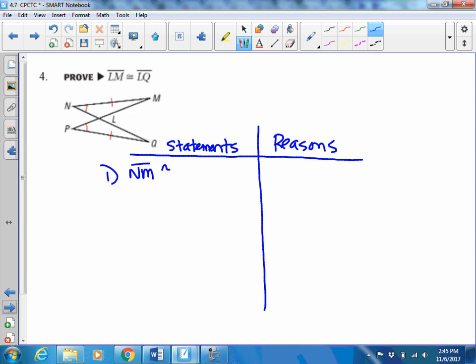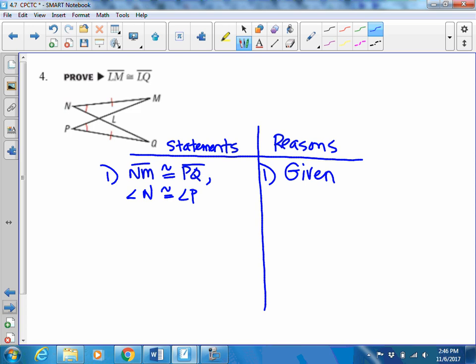So segment NM is congruent to segment PQ. And then I can just call it angle N and angle P since it's not attached to another triangle. Angle N is congruent to angle P. Those are given. So my goal is to show the triangles are congruent.